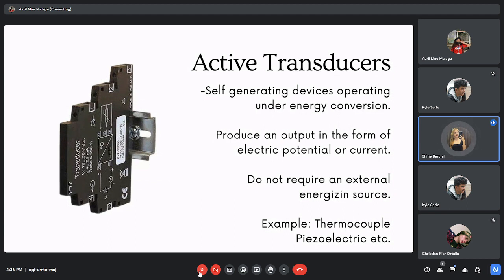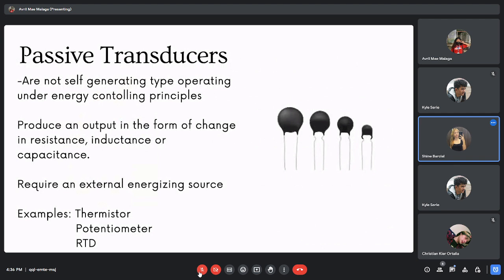For example, the thermocouple can be found in shops or on Shopee, and you can order it. The piezoelectric is also available if you want to see the actual pictures of the materials. For passive transducers, examples are the thermistor and potentiometer, which you can search online. They produce an output in the form of a change in resistance, inductance, or capacitance.